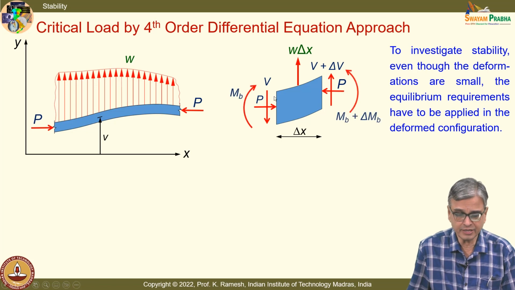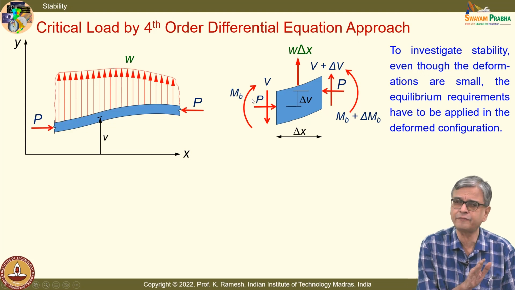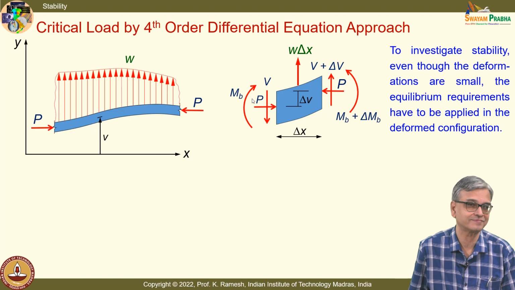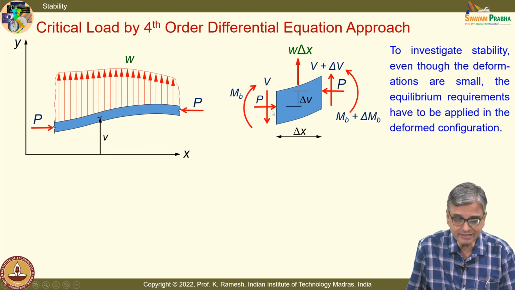You can put the shear force, you can put the bending moment, all that follows the usual convention that we have followed. What is extra here? I have a compressive load. Because I have considered this as a deflected shape, you must read this as small v, which is showing the deflection. Okay.